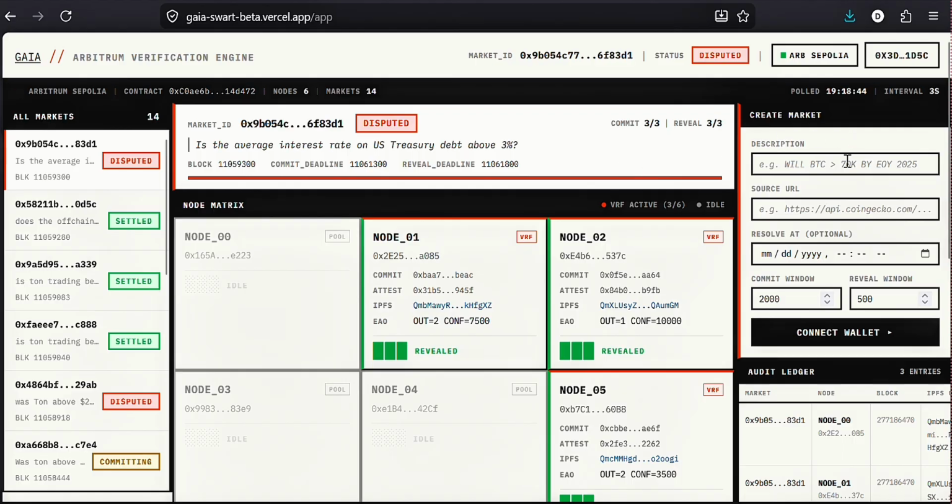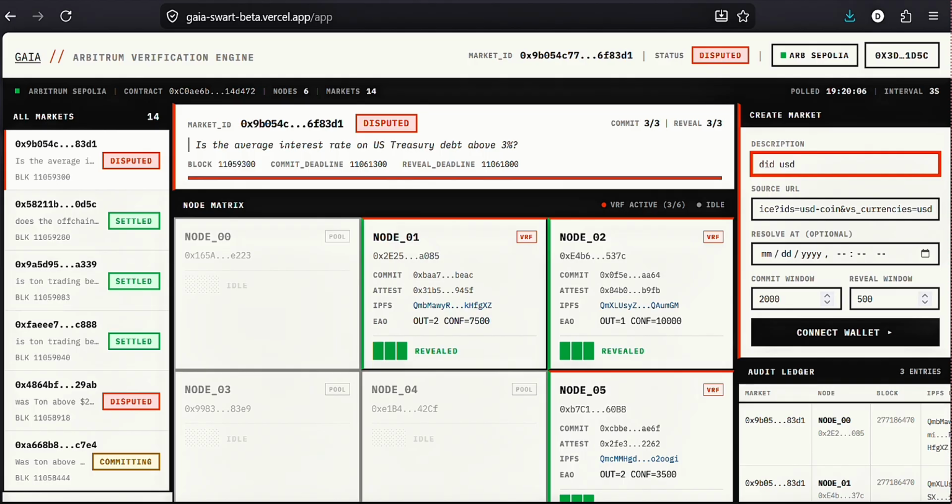So here is how we create a market. So these are some of the settled market or disputed markets. And the interesting thing about this is the way we reach consensus on markets. So two things are essential for reaching consensus on Gaia. One is EAO, which is called the Evaluative Attestation Object.